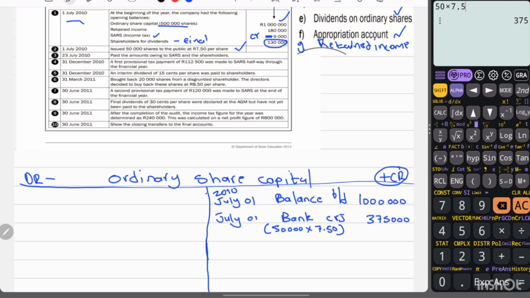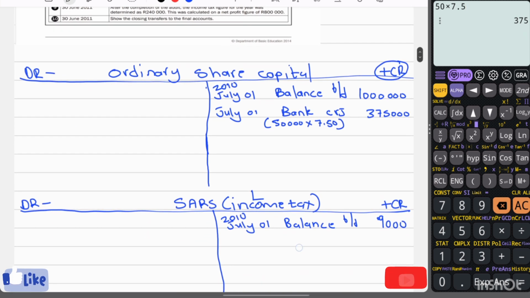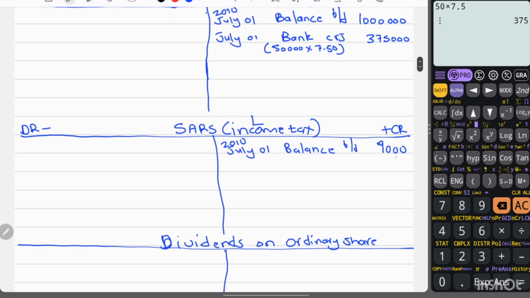23 July 2010, paid the amount owing to SARS and the shareholders. Remember now, when we go to SARS, we had a credit balance, and a credit balance means that we are still owing SARS.